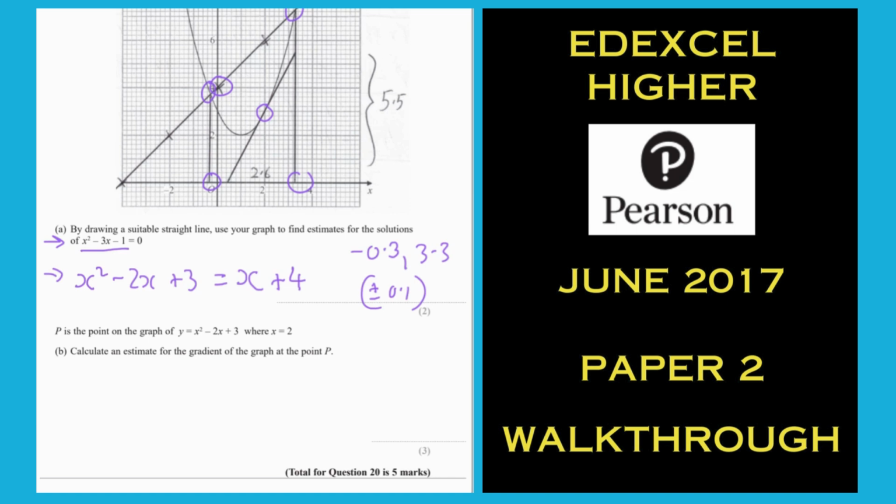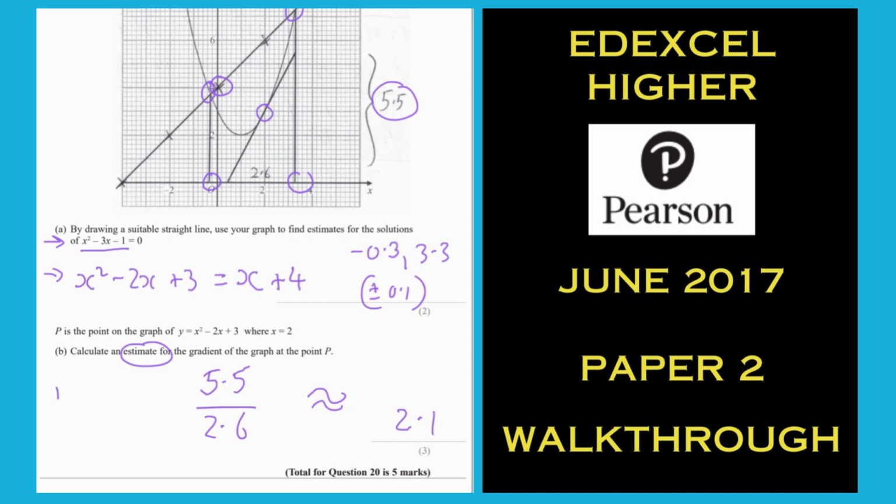You can certainly make them bigger, but don't make them small. I read off the height of my triangle. I estimate the height to be about 5.5. I estimate its width to be about 2.6, and I get an approximate answer of 2.1.